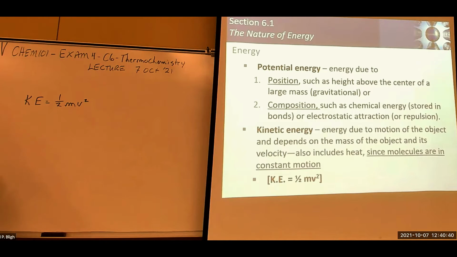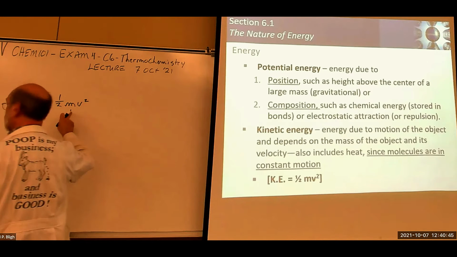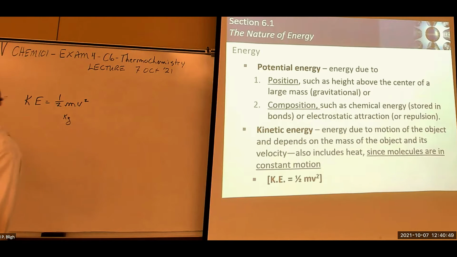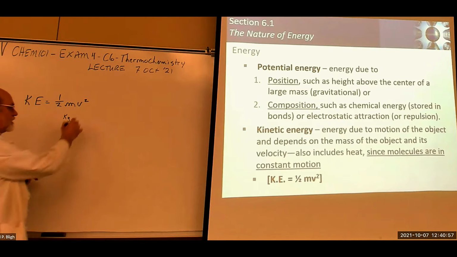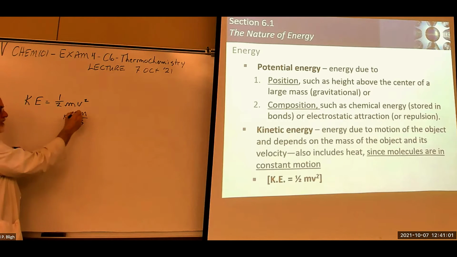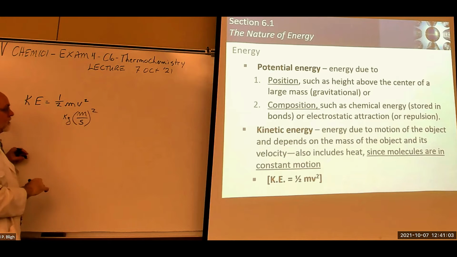Now, in the SI system, we have units of measure that are fundamental. Right? Mass is the kilogram. What's velocity? It's a derived unit, actually. Meters per second. So meters per second for velocity, but we got to square it. Right?